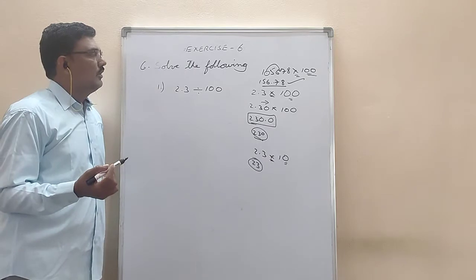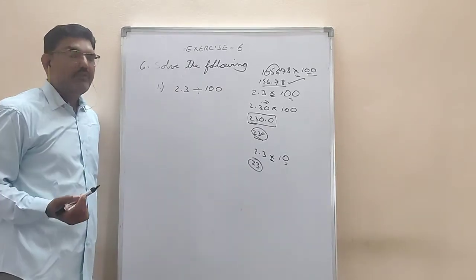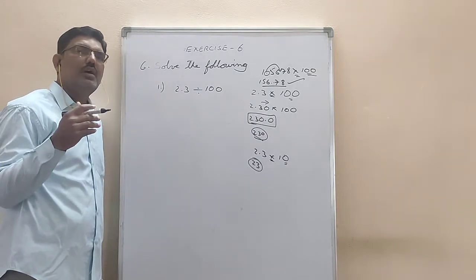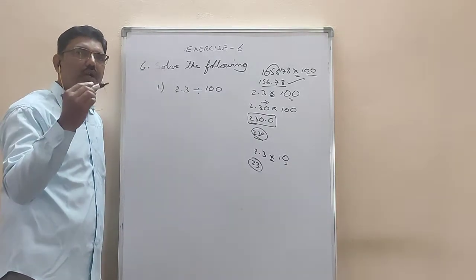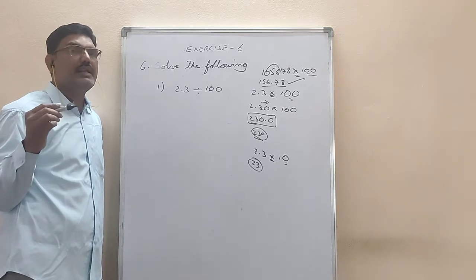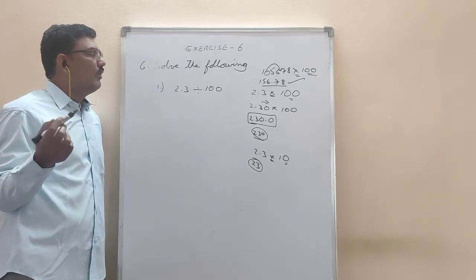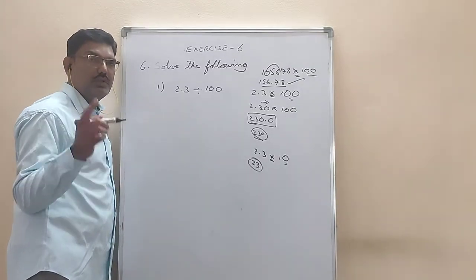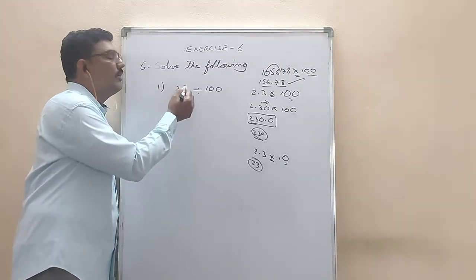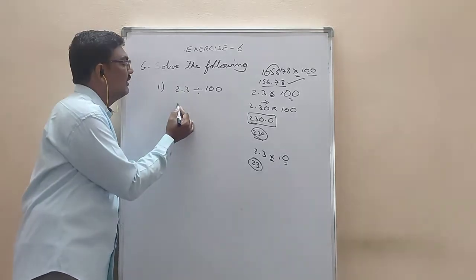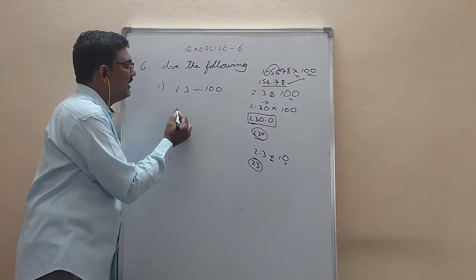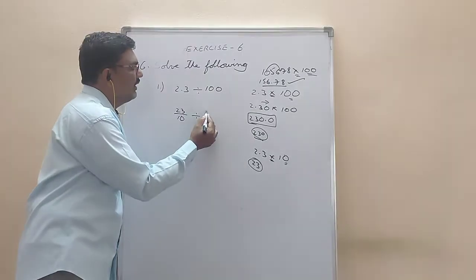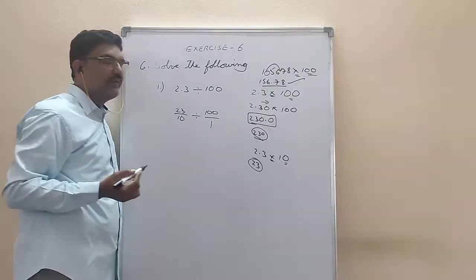Now division. First, we should not say easy tricks. First, as I said in the video, you have to proceed in a systematic manner. Now 2.3 divided by 100, what do you have to do? First step, the decimal number should be converted into a rational number. The point is after 1 digit, so 2.3 can be written as 23 by 10, divided by 100, which I write as 100 by 1.